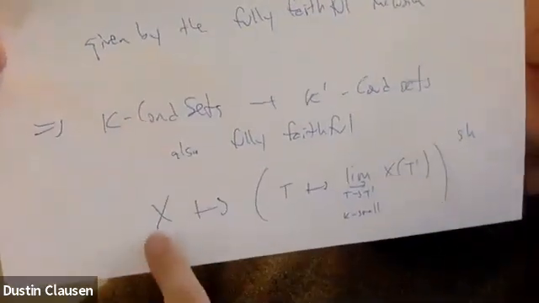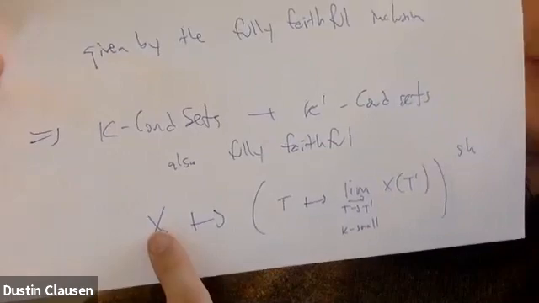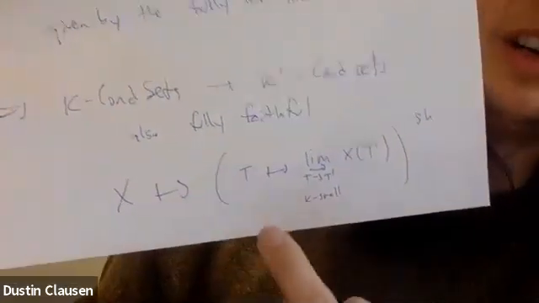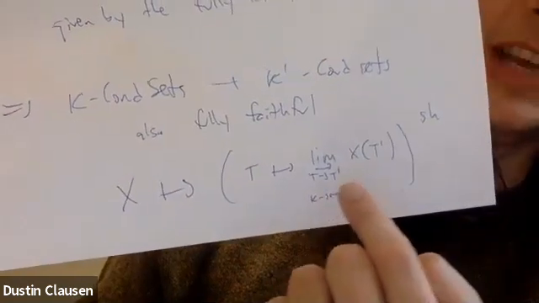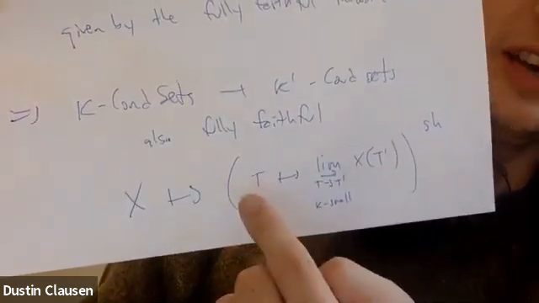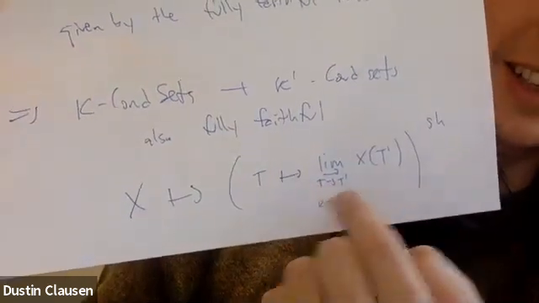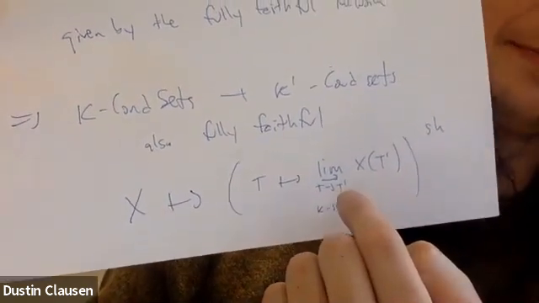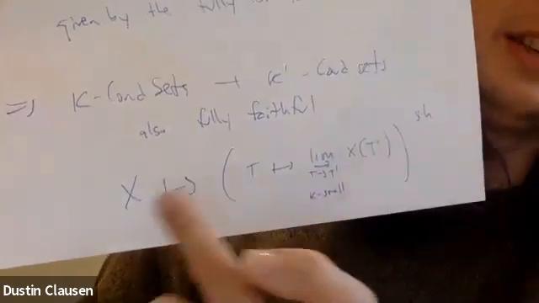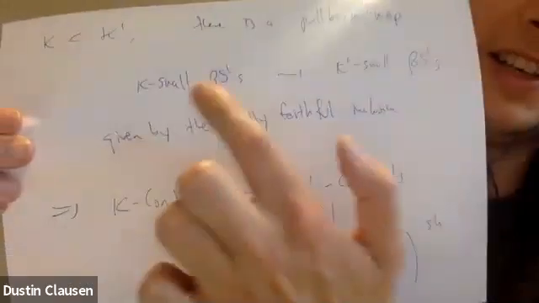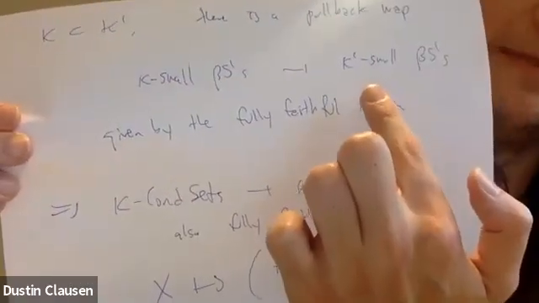So you have your kappa small condensed set, which is a particular kind of pre-sheaf on kappa small compact Hausdorff spaces or profinite sets or so on. And you want to extend it to all guys, and you just formally demand that it has to come from its values on the smaller guys. And this formula is designed so that if you take a representable guy, it gets sent to the corresponding representable guy here. That's how it's designed.